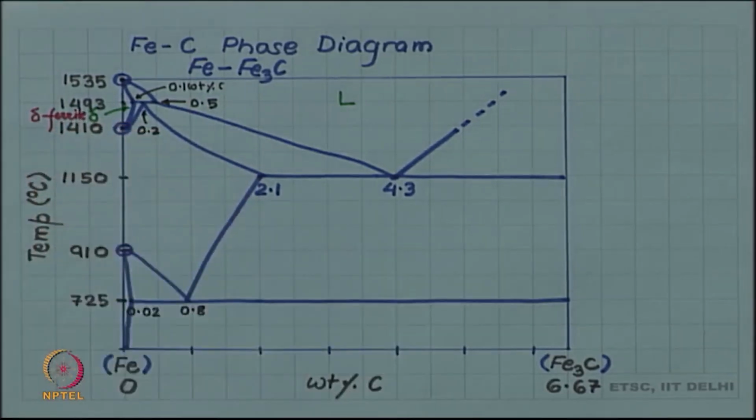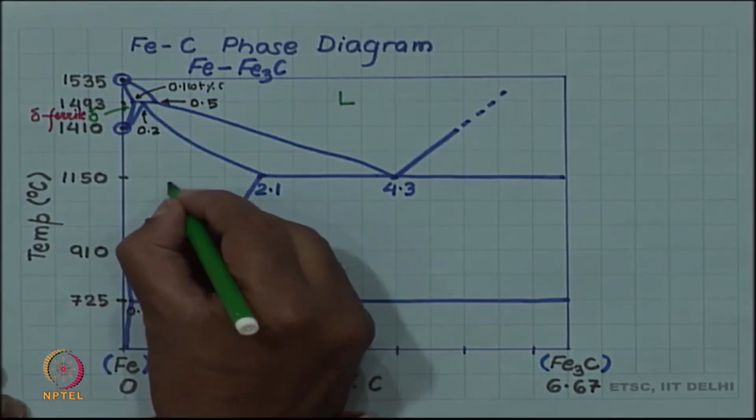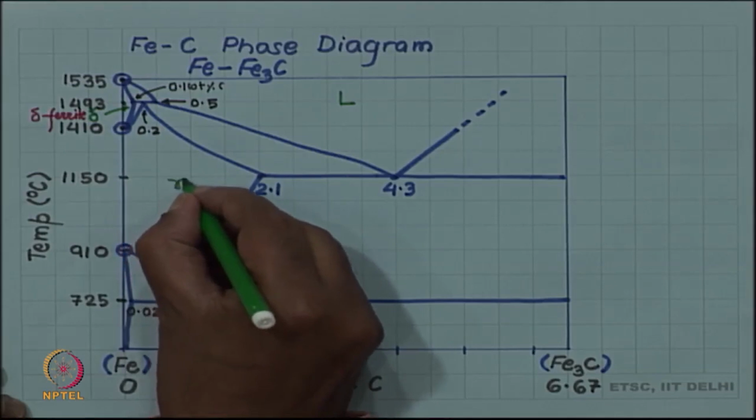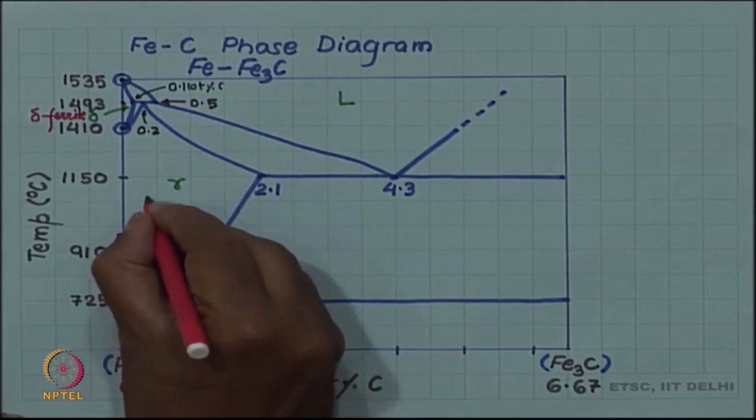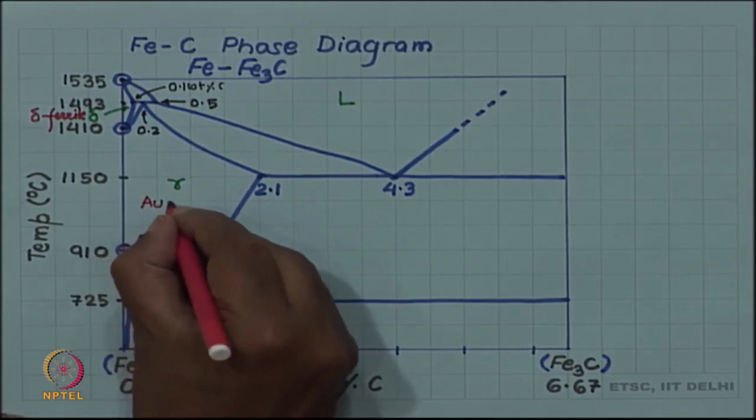Name is delta ferrite, symbol is delta. Then this large single phase region, a very important region, is gamma. This is called austenite.